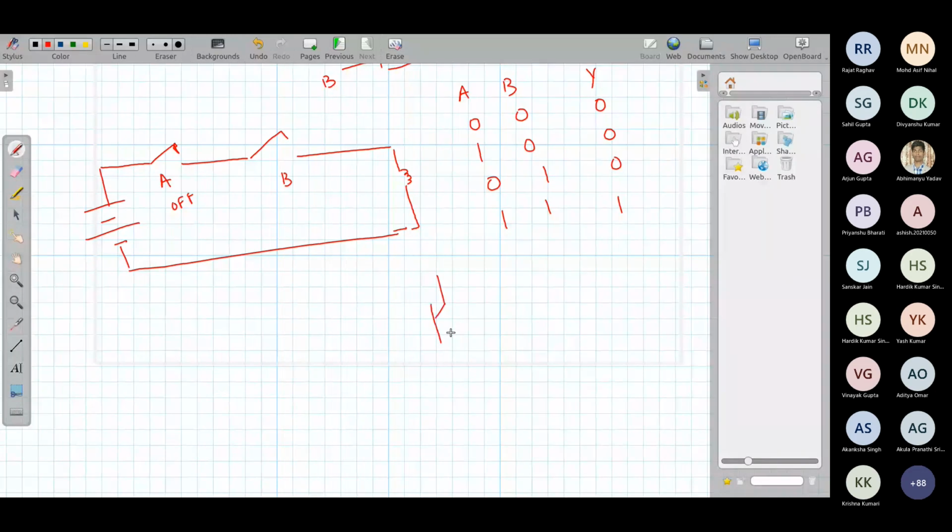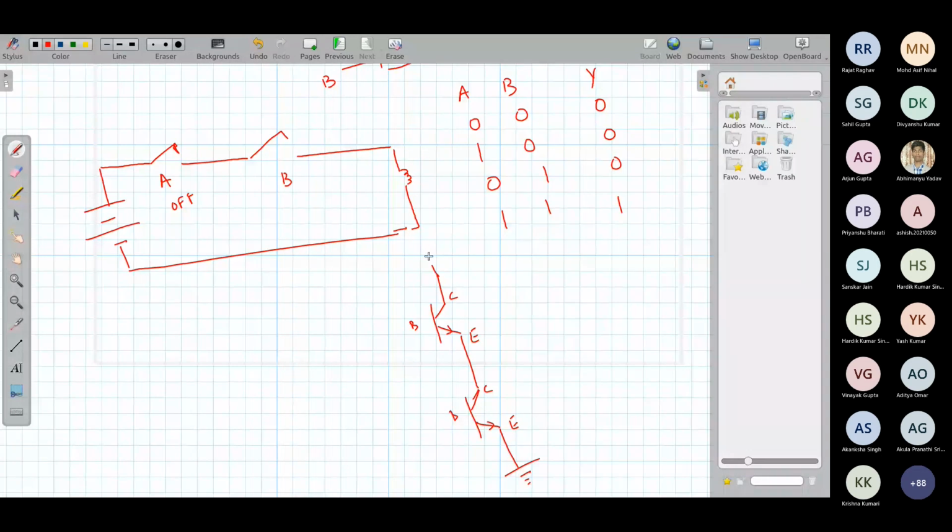This is one transistor. This is emitter. This is collector. This is base. This is again another transistor. This is base. And this is the negative point of the battery. This is the positive point of the battery.